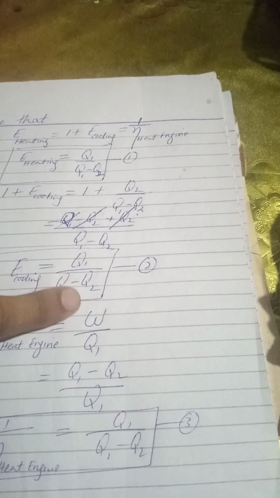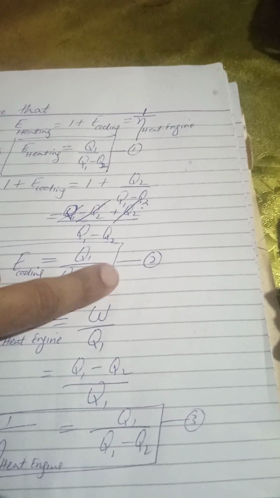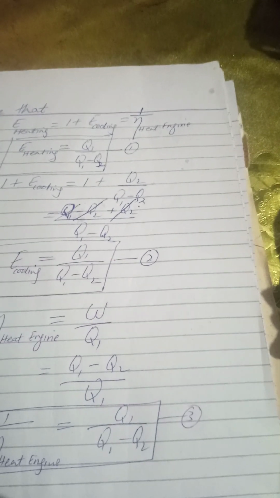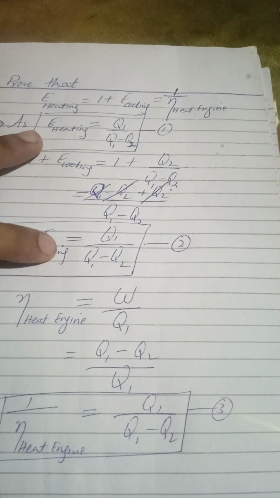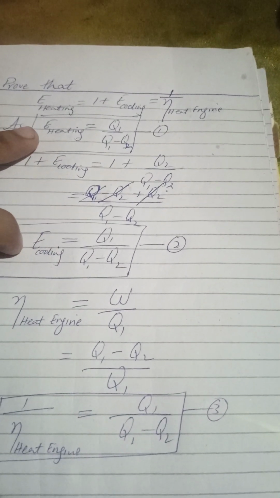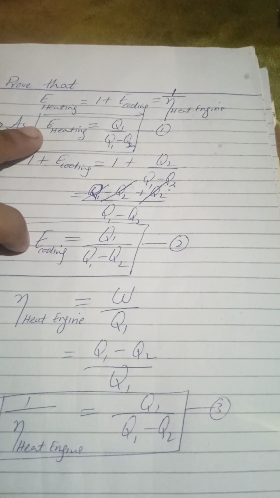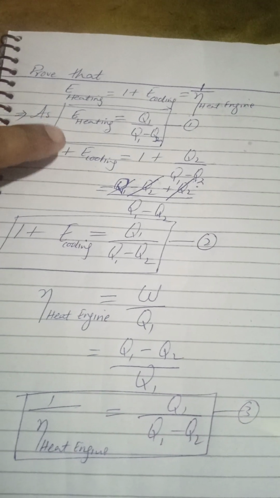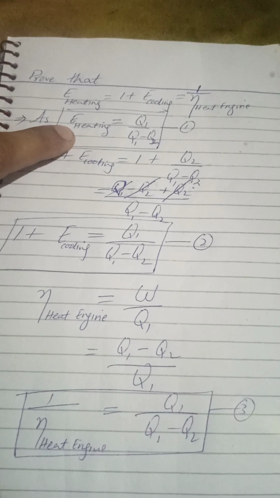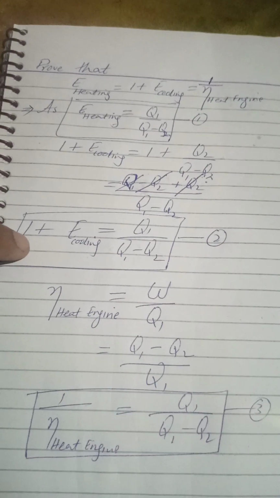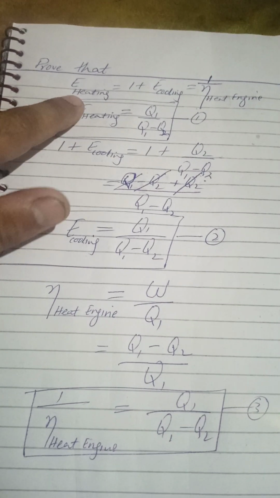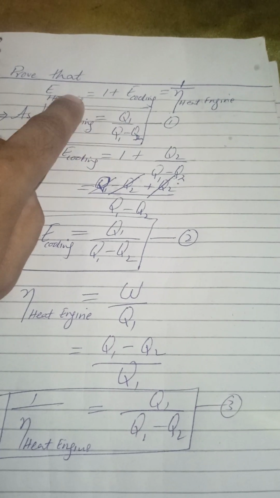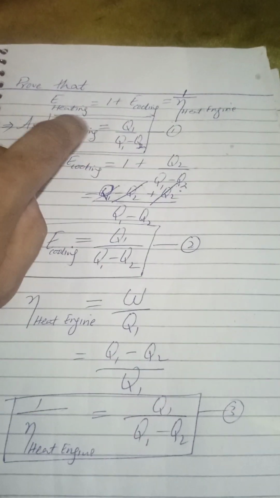So the right side now becomes Q1 over Q1 minus Q2, and we name it equation 2. Looking at equations 1 and 2, the right sides are equal to each other, so we may say that E heating is equal to 1 plus E cooling. So we have proved one of the equivalences.